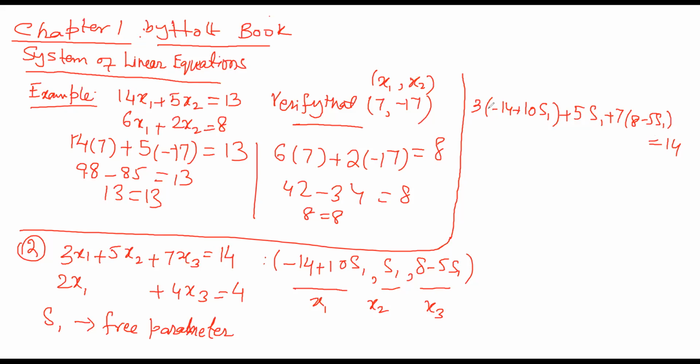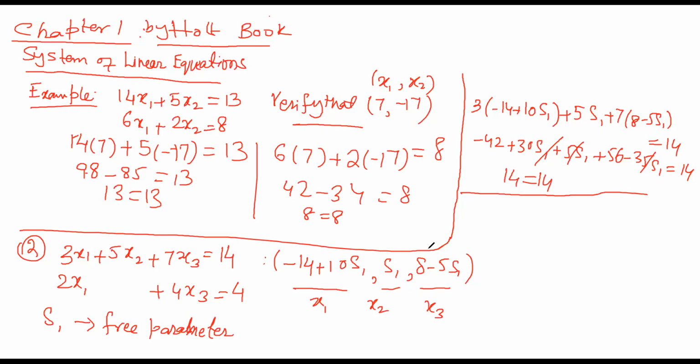So we can verify it. 14 times 3 is minus 42 plus 30s1 plus 5s1 plus 56 minus 35s1 is equal to 14. So 30s1 plus 5s1 minus 35s1, the s1 terms cancel. For 56 minus 42, 14 is equal to 14. So indeed, this is a solution of this. But the difference is that s1 can take any real value, because it is a free parameter.